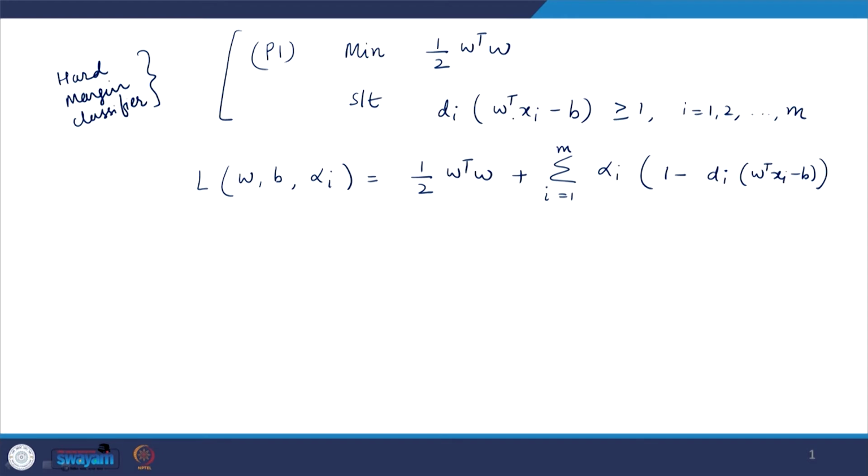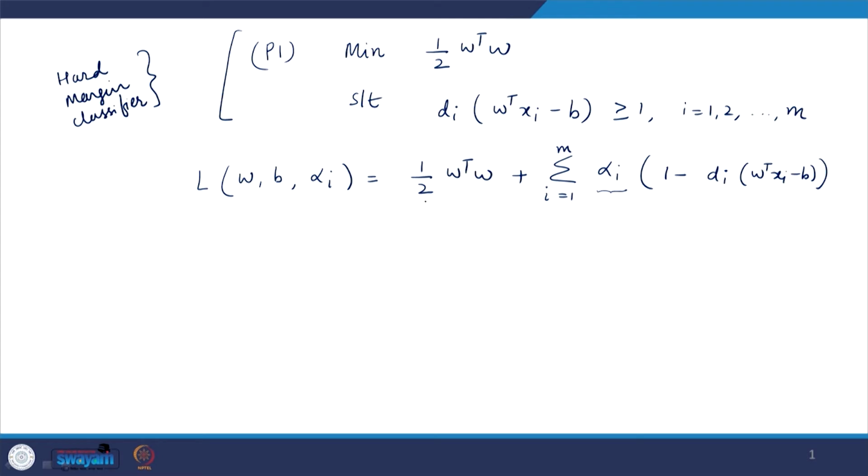So, I put this on the right-hand side, that is why we are having this here. This alpha i are basically Lagrange multipliers. How many Lagrange multipliers are we having here? m: alpha 1, alpha 2 up to alpha m.